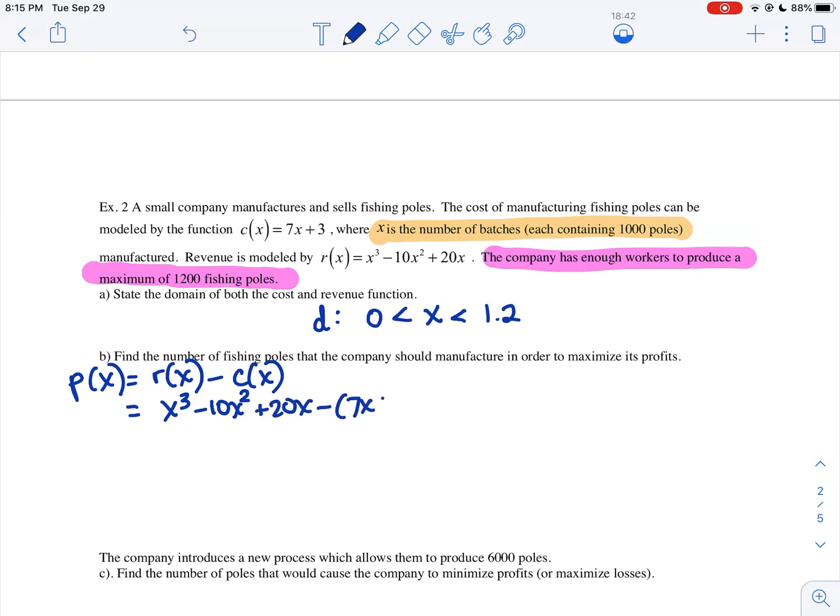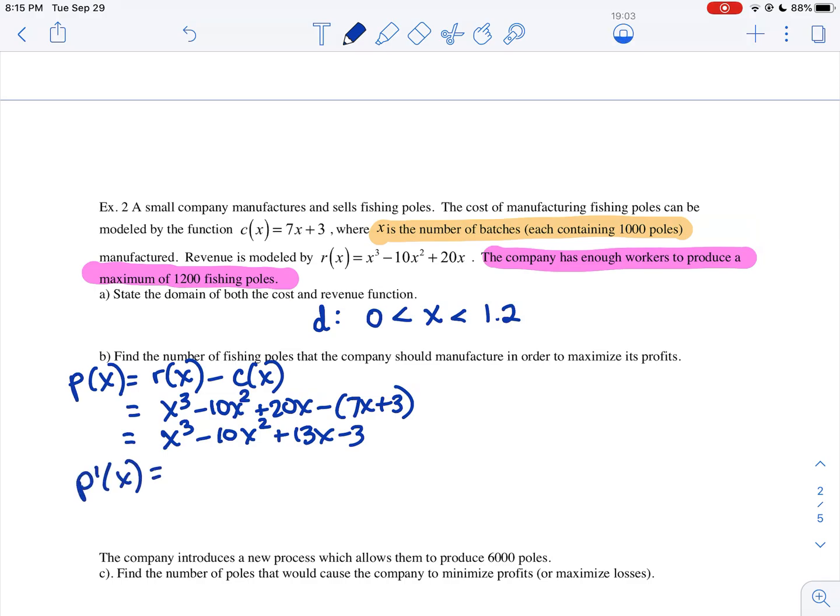And I'm going to subtract 7x plus 3. Be super careful here that you did put a grouping symbol around the cost function 7x plus 3. All right, so that's x cubed minus 10x squared. Let's do some mental math. That's 13x minus 3.